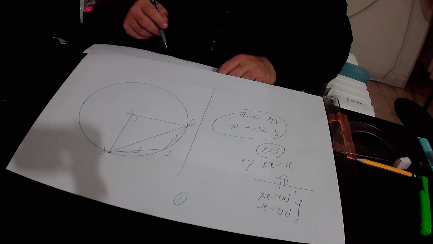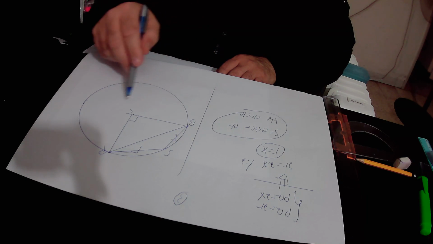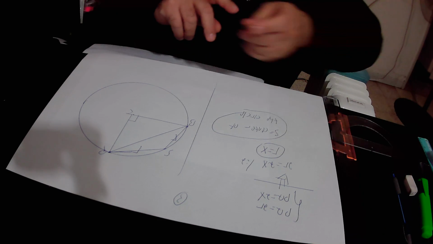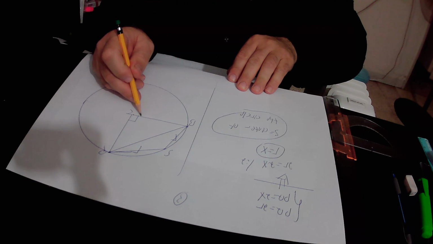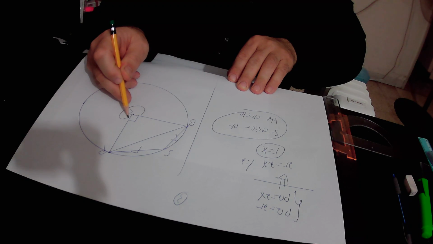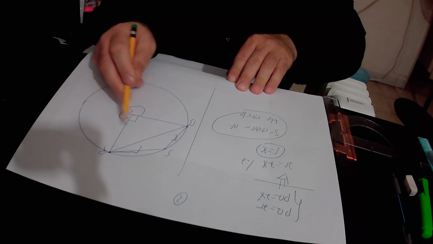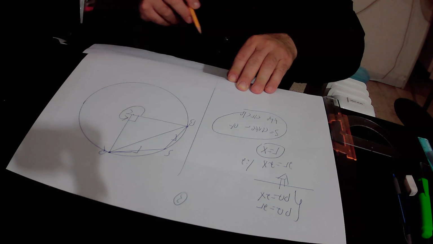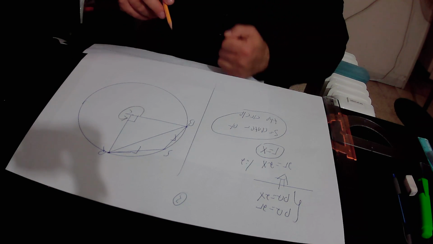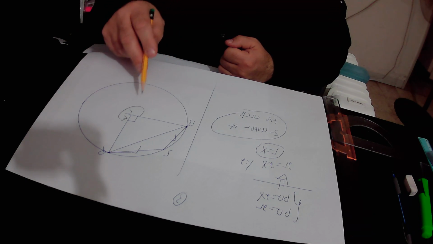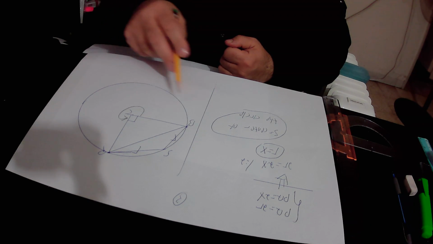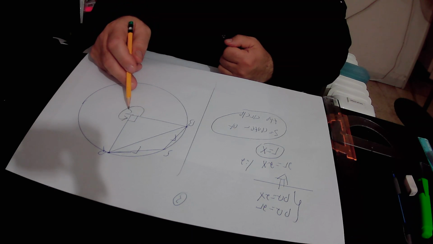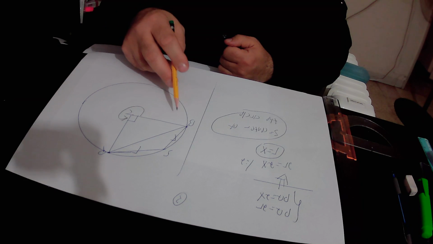And we also have the central angle BCQ. The central angle BCQ is also subtended on the same arc BQ. Therefore, the central angle BCQ that is subtended on the same arc BQ must be twice as large as the peripheral angle BSQ.